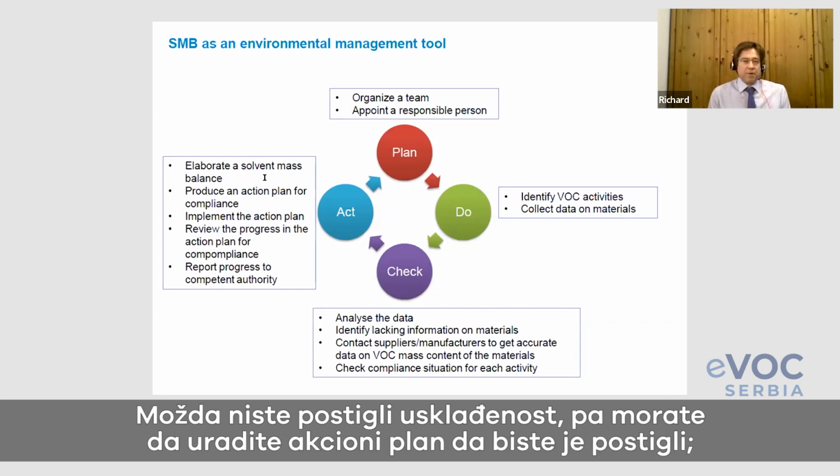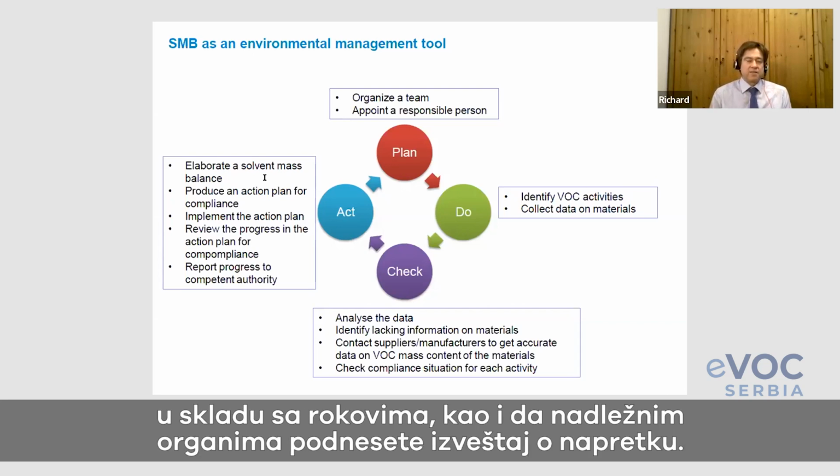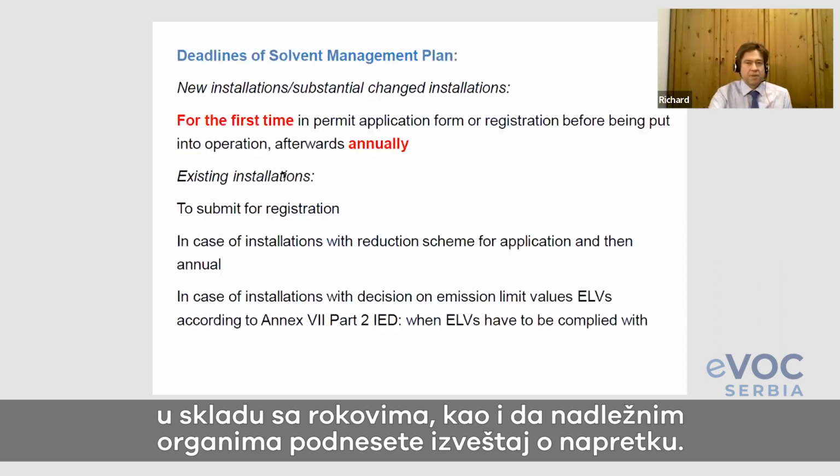But maybe you are not in compliance, and you have to elaborate an action plan to achieve that compliance. And so you have, of course, to check if all the measures are taken, if you are in line with the timing and the deadlines, and you have to report the progress to the competent authority.